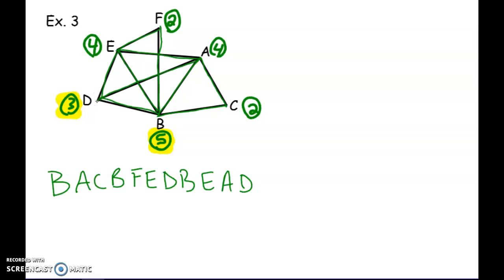And then we can confirm our idea that it was an Euler path by noticing that the first and last letter were not the same. We did not start at the same vertex that we ended at. So again, this one would be the Euler path.